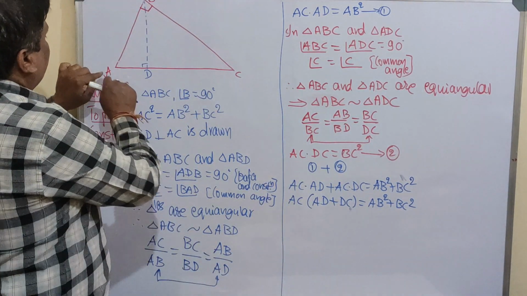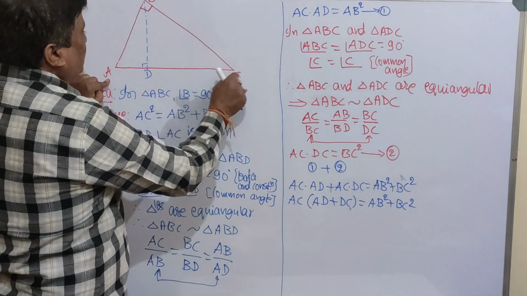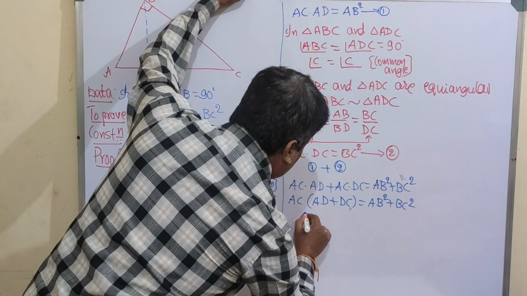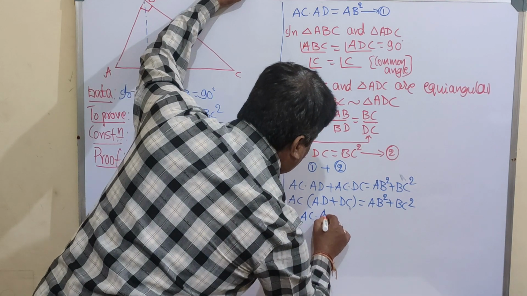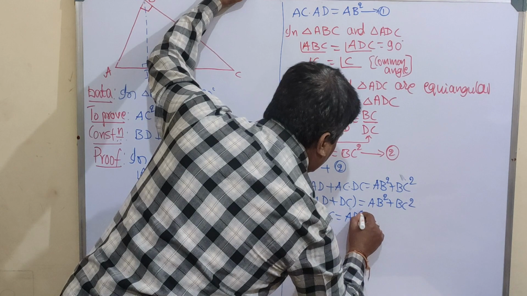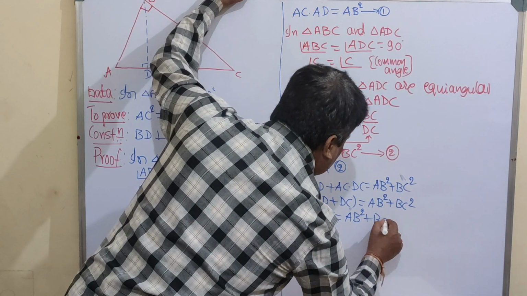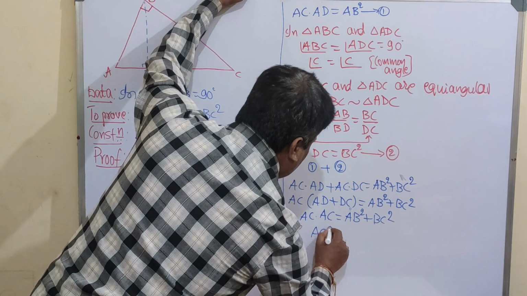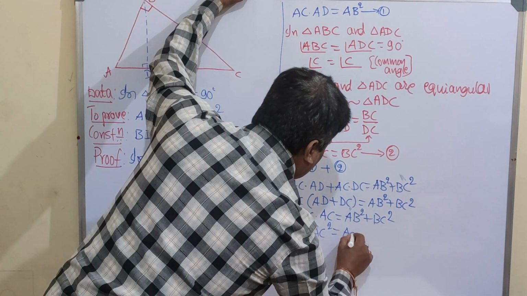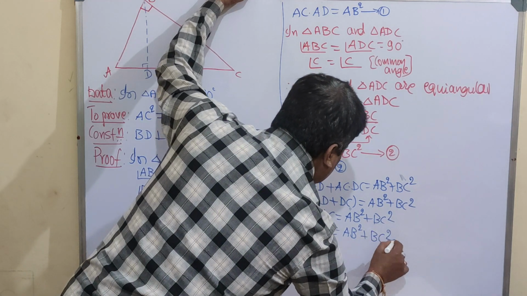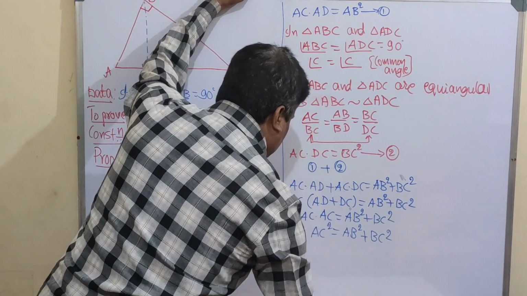Here AD plus DC is nothing but AC, so AC into AC is equal to AB square plus BC square. AC into AC is nothing but AC square, which is equal to AB square plus BC square.